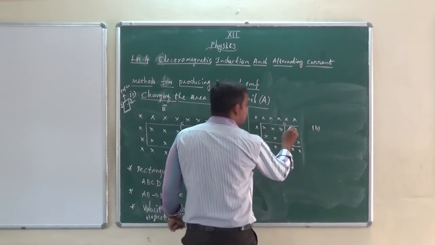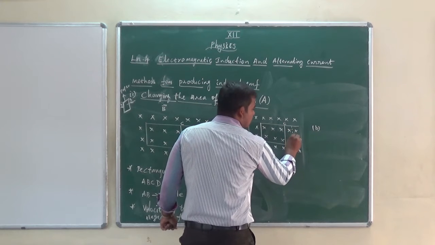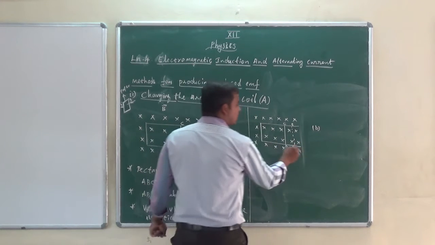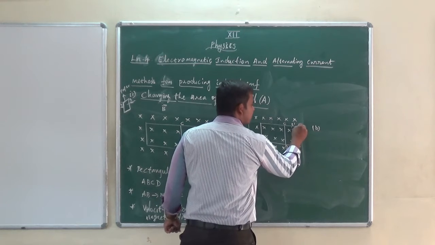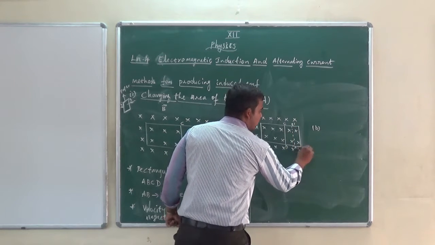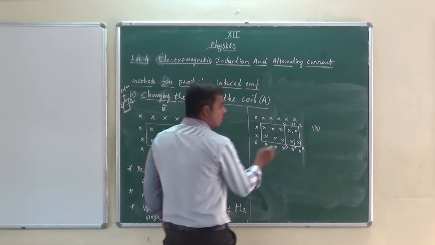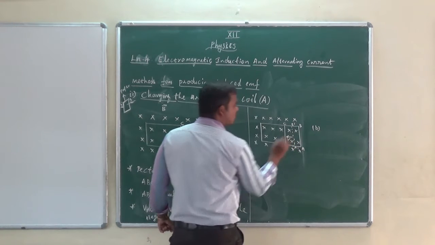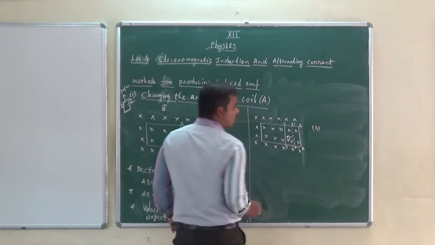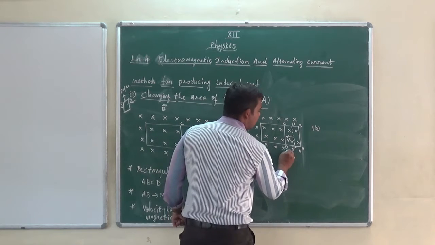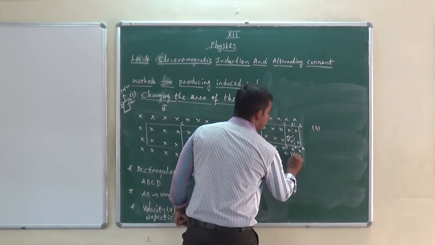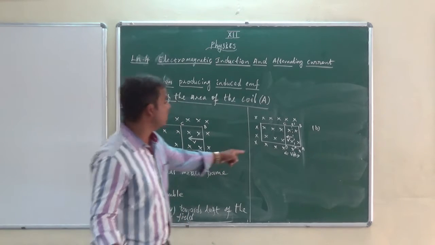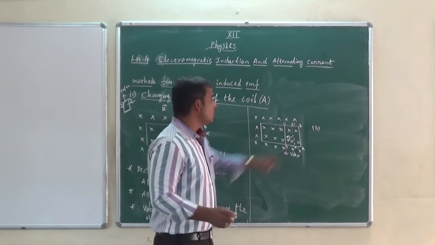When I move the side AB, I consider the new position A dash, B dash. The velocity is certain, but we don't know it, so it is represented by V. The distance moved is V into dt, with respect to time.